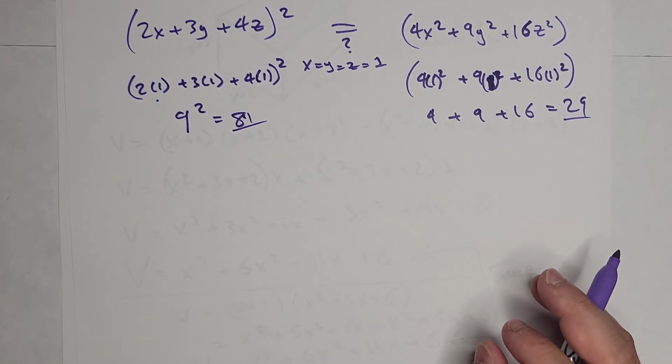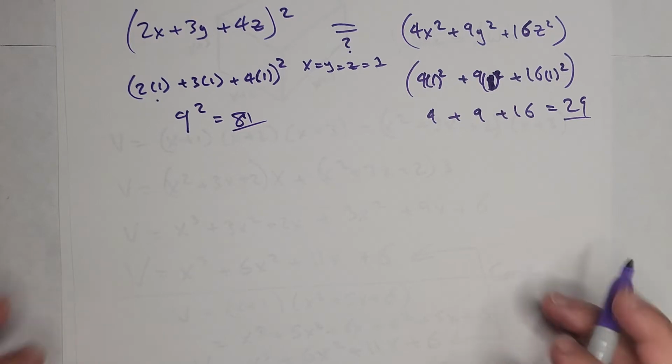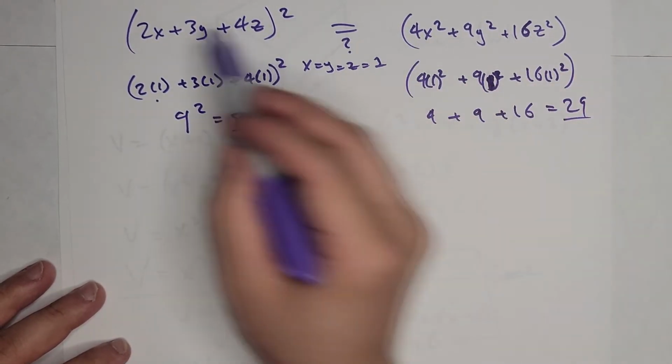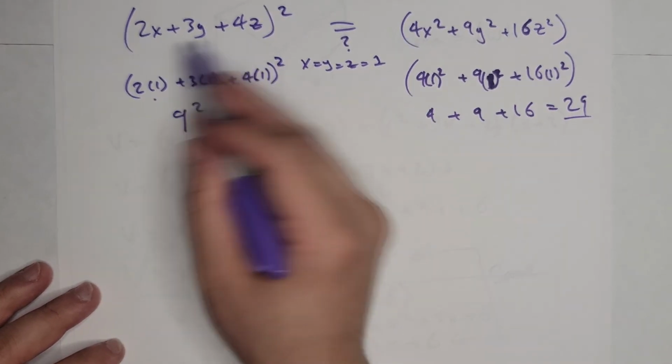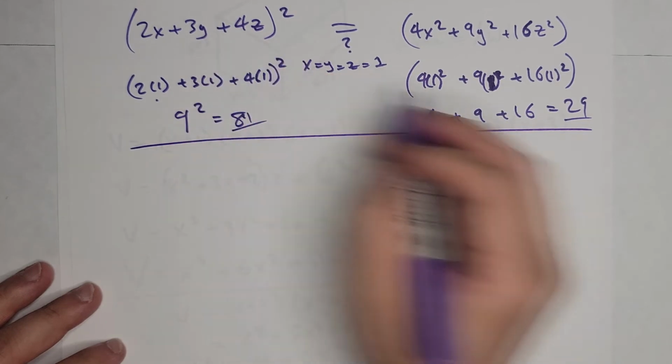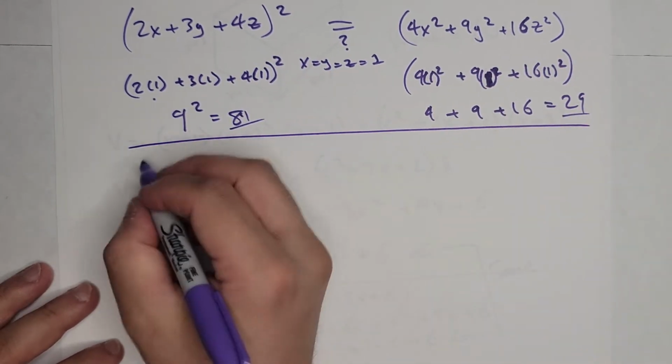Another thing we could do is, this side here is expanded, whereas this side is factored. What we can do is expand this and see if it actually equals this in the expanded form.